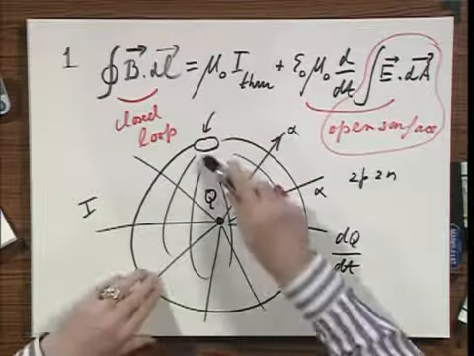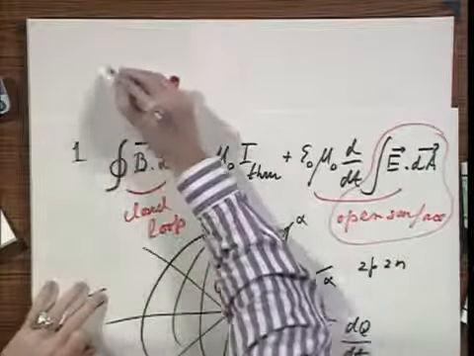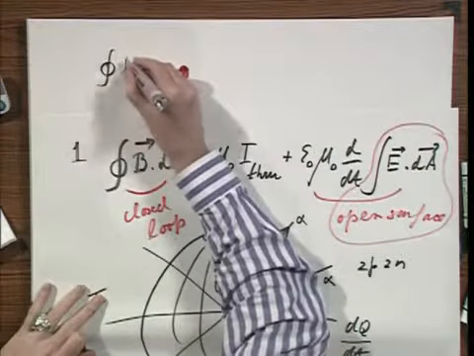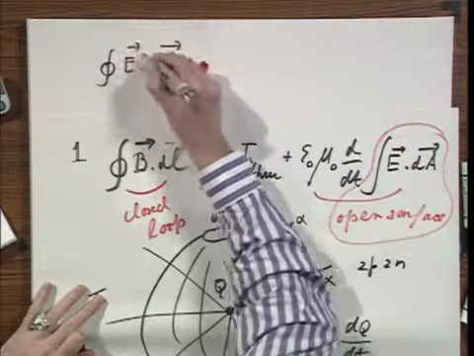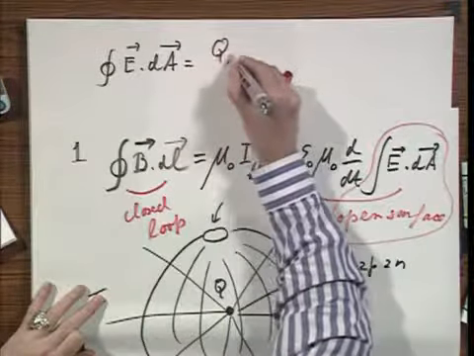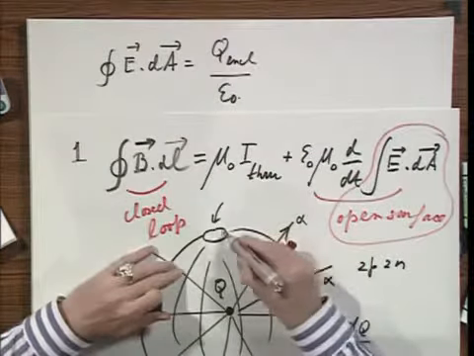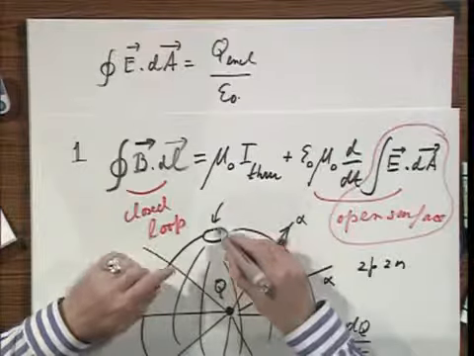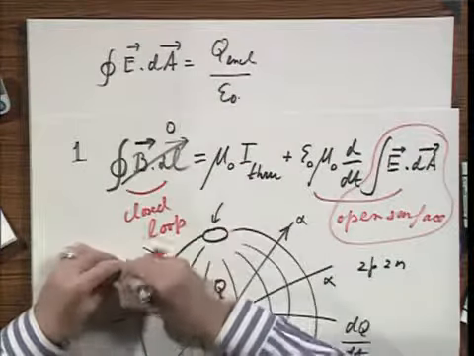Now, if we're going to close this gap, we can apply Gauss's law, which says that the closed surface integral of E dot dA equals Q enclosed divided by epsilon 0. If I make this loop 0, then this term becomes 0.